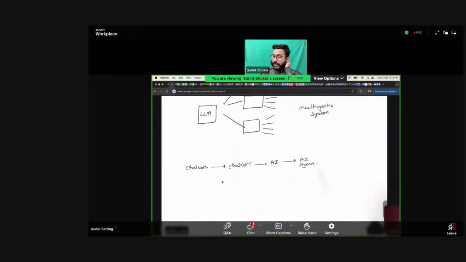Then they connected multiple agents to create the agentic AI framework. And that is what we use today. Now, if you connect multiple agentic AI, we have multi-agent systems. So I hope you guys are able to understand how the entire industry has progressed and evolved.